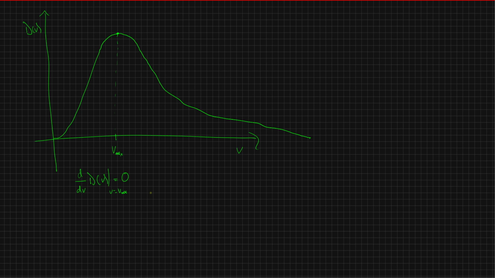What else do we have? We also talked about the root mean square velocity. We calculated that last time, or at least reminded ourselves of what it is. And that ends up being the square root of 3kT over m. I guess I should also write over here that V max is the square root of 2kT over m.